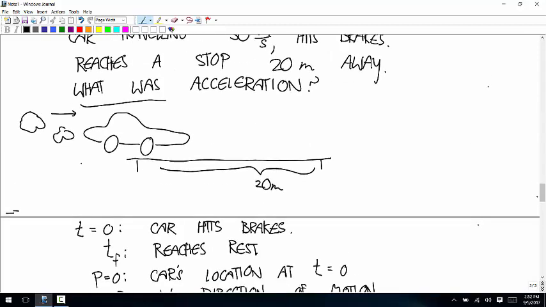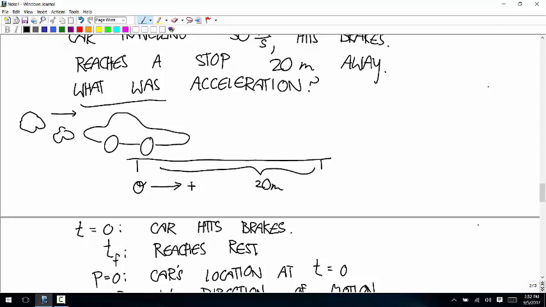So if we go back up here to the drawing of the problem, I chose a 0 position to be here. And I chose a positive direction to be this way. And now you can see that this looks a lot like those kinds of problems that we were working on last time.